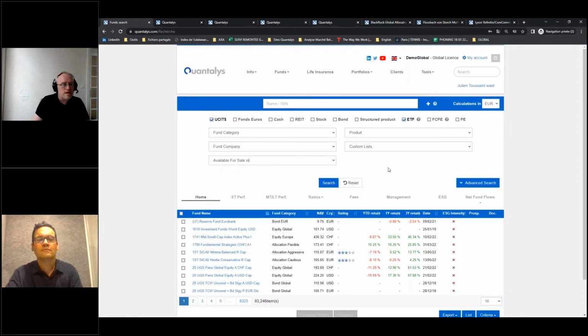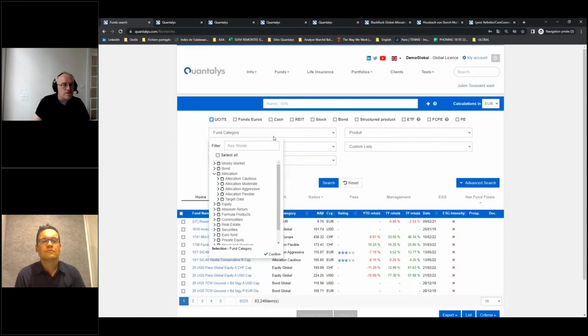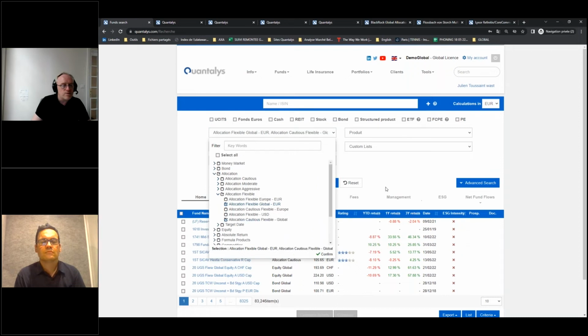And to come back to what Jean-François said, let's make an example and have a search using our search engine, and using our category. Let's focus on flexible allocation, and let's make a search for only global allocation.